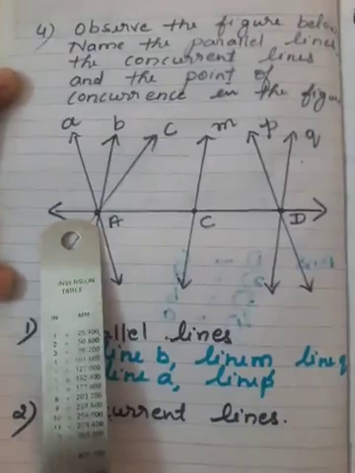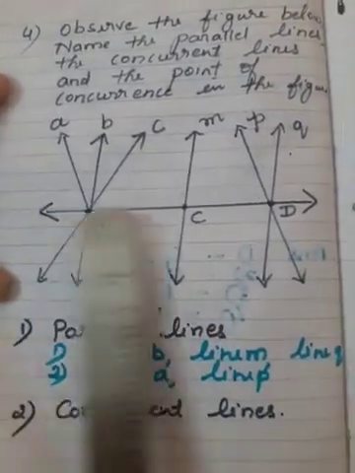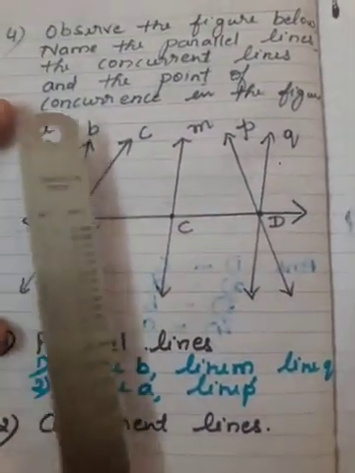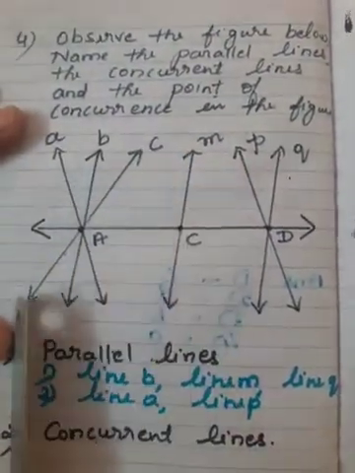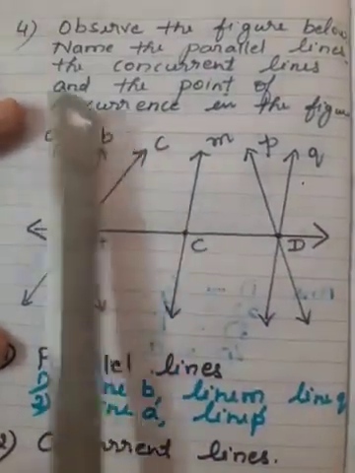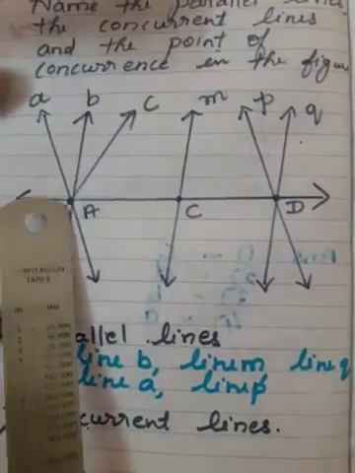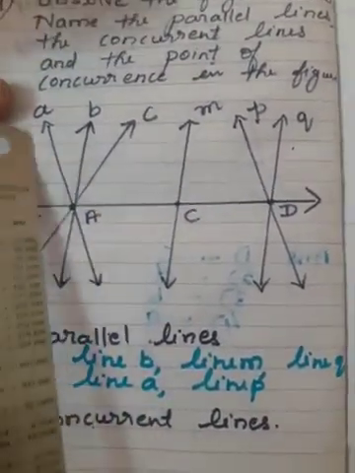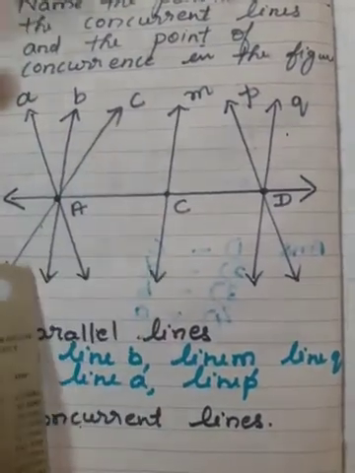So here you can name this line as AC or AD also. So line is named using any 2 points. So line A, line B, line C and line AD intersect each other at one point, that is point A. So therefore they are called concurrent lines.